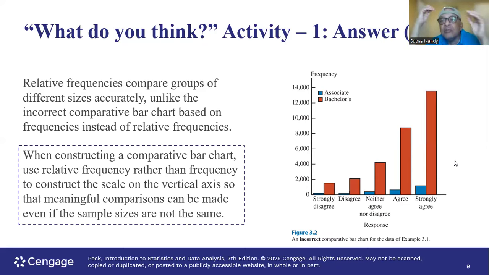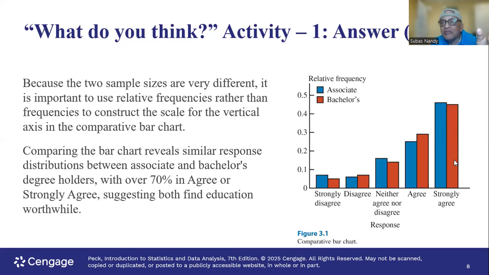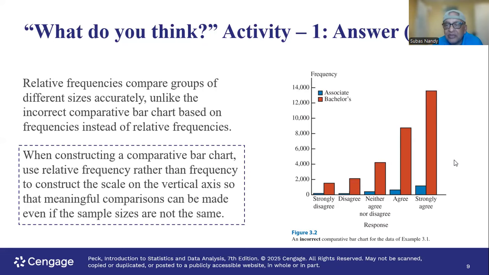Because the total sample size for the associate degree and the bachelor's degree are totally different. So the best is to convert them to relative frequency information like we did in the previous slide. Then we can compare the heights of each bar in each category of response between blue and red, blue being associate, red being bachelors.